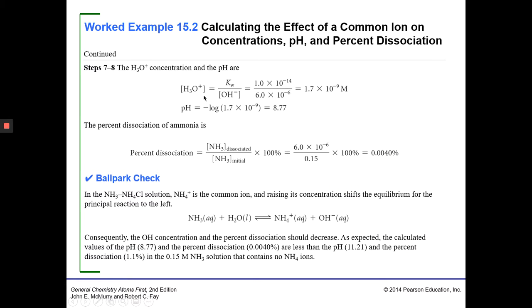We can calculate hydronium by dividing Kw by our hydroxide, which is X, and that gives us 1.7 times 10 to the minus 9th. So the pH is 8.77. This is less than the pH of having just the 0.15 molar ammonia in solution.